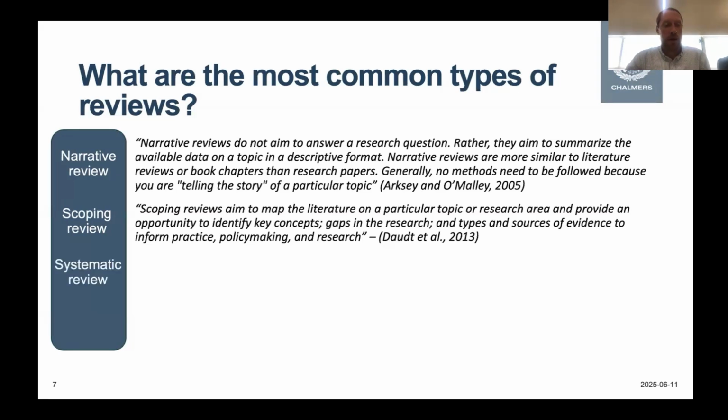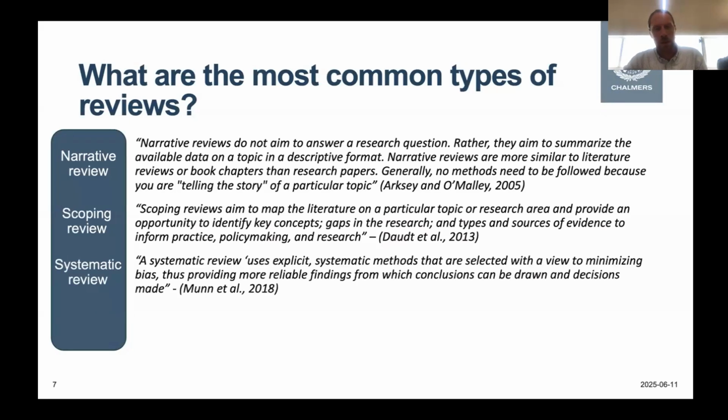Then we have systematic reviews. And with this definition by Moon et al. 2018, it says that a systematic review uses explicit, systematic methods that are selected with a view to minimizing bias, thus providing more reliable findings from which conclusions can be drawn and decisions made.